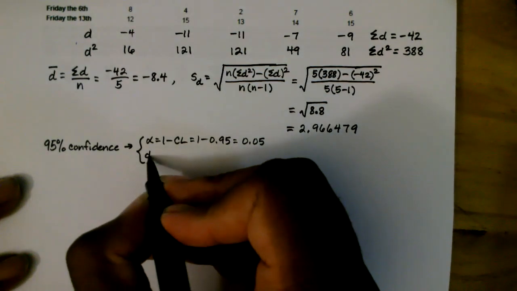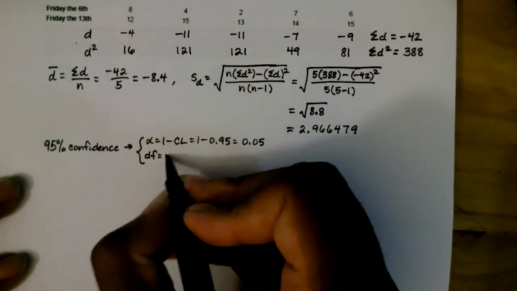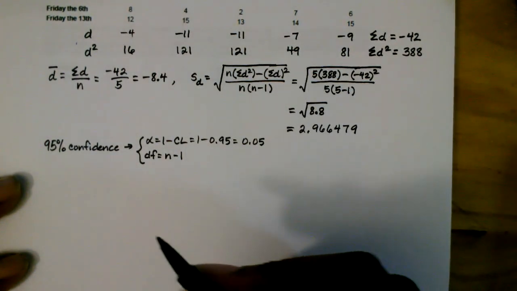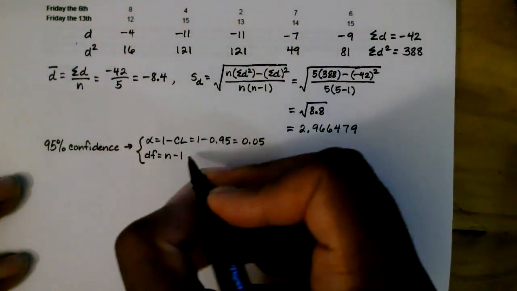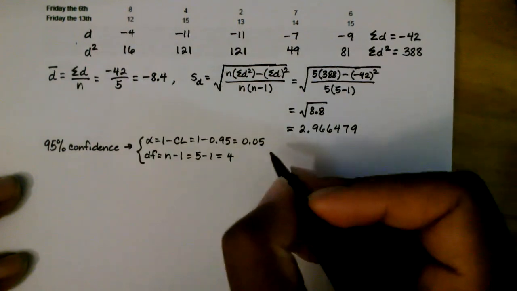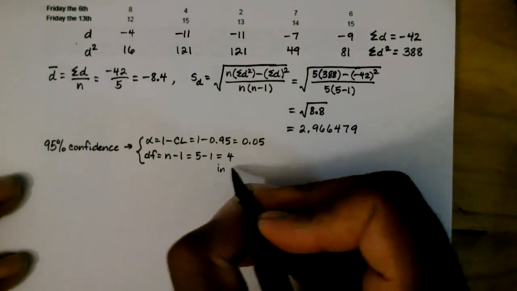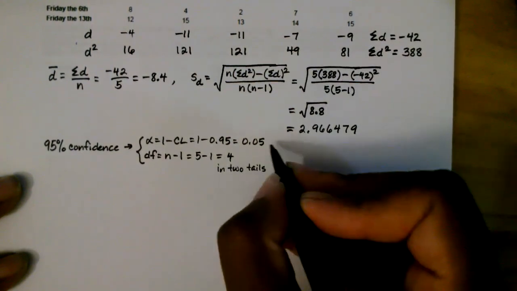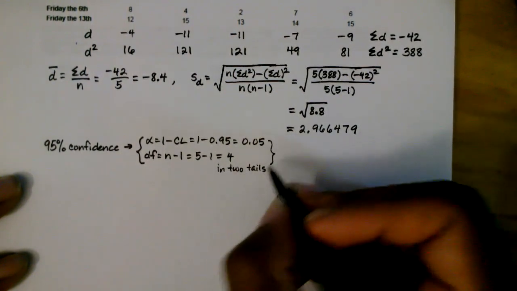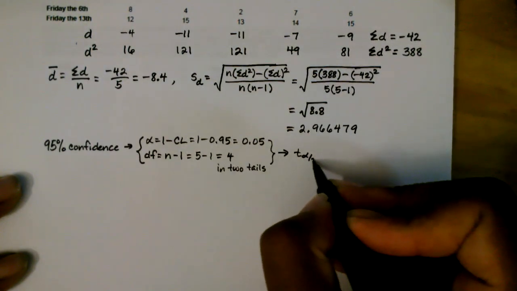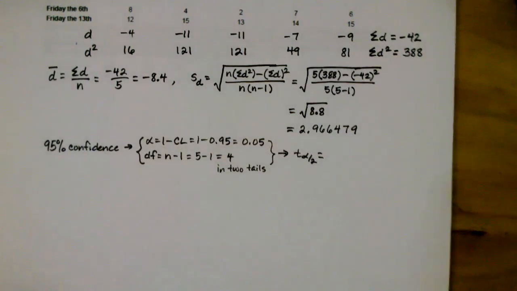And also my degrees of freedom, because I need to use table A-3. Degrees of freedom is n minus 1. Notice I do have 5 paired data. So that's going to be 5 minus 1, which will be 4. So I have 4 degrees of freedom. And this will be in 2 tails. So when we use table A-3 for confidence intervals, we always do it in two tails. And that will give me the critical t value.